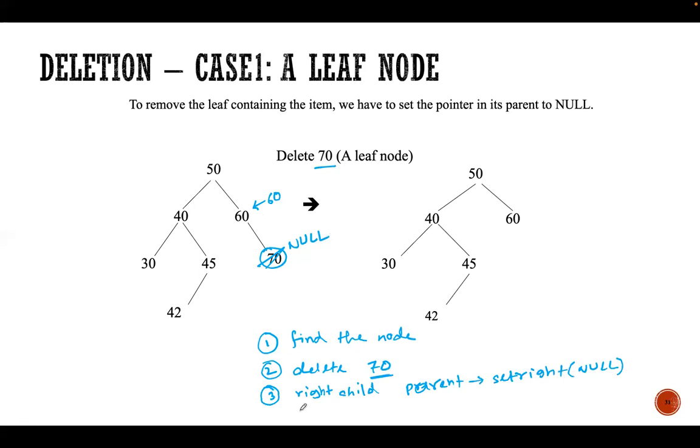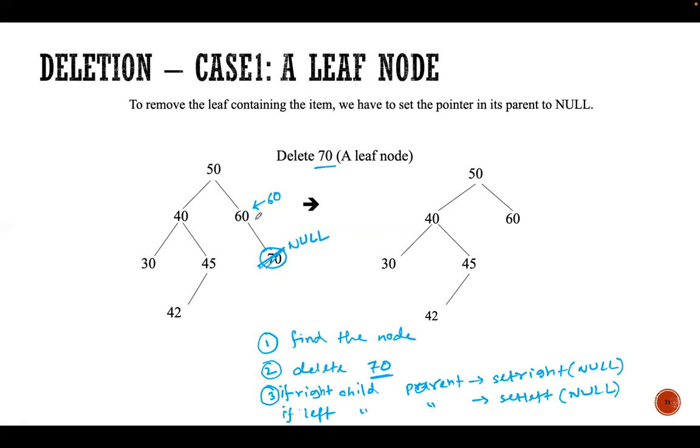Now, if this is a left child, then we are going to set left to null. So deleting a leaf node is straightforward. All we have to do is delete the node, and then take care of the pointer of the parent node of the node that we are deleting.